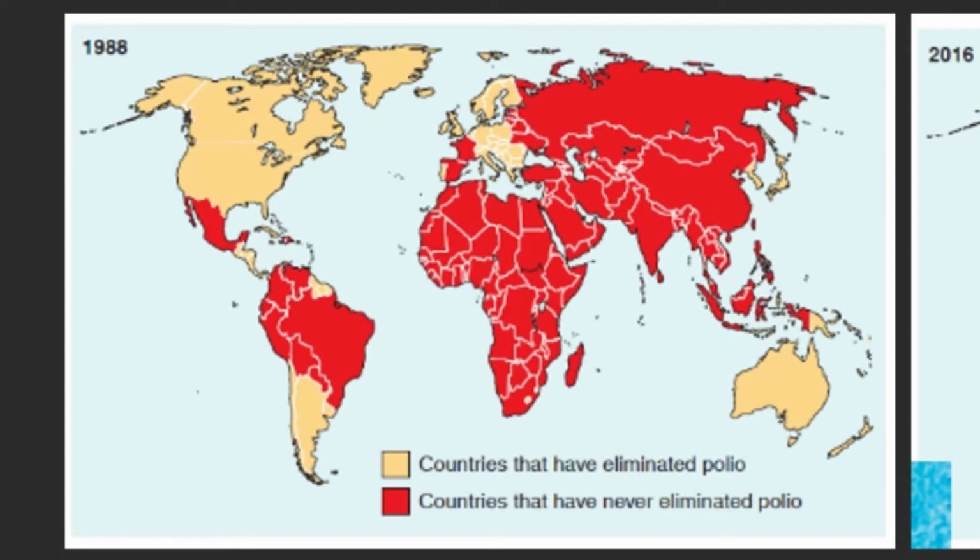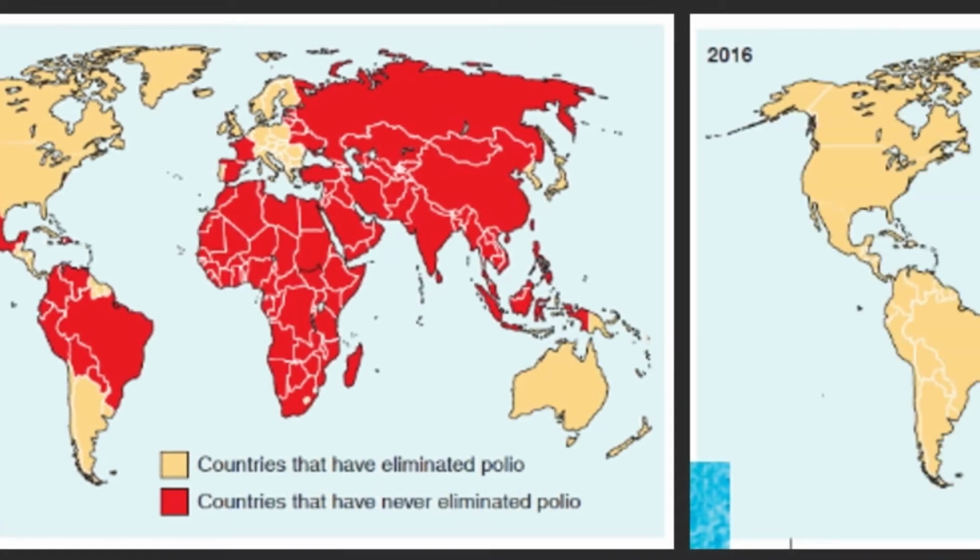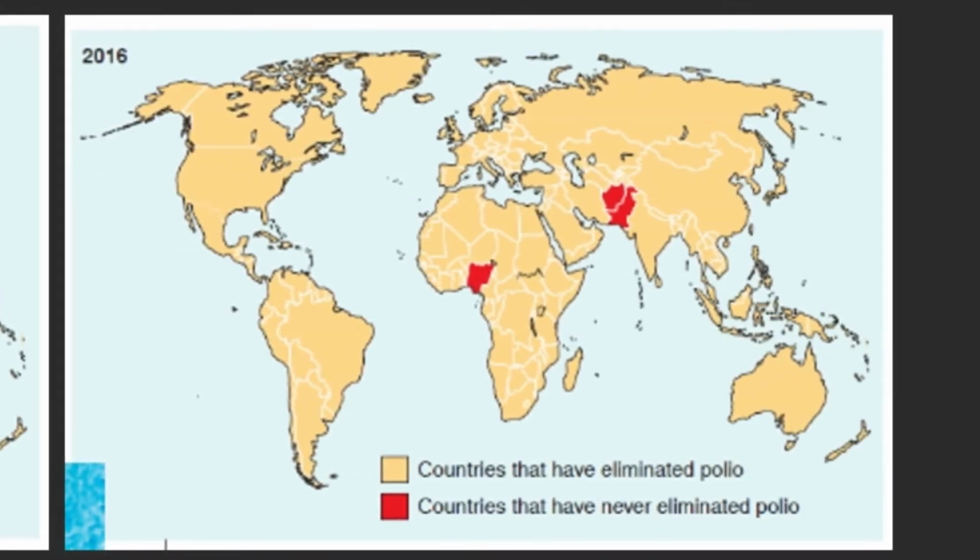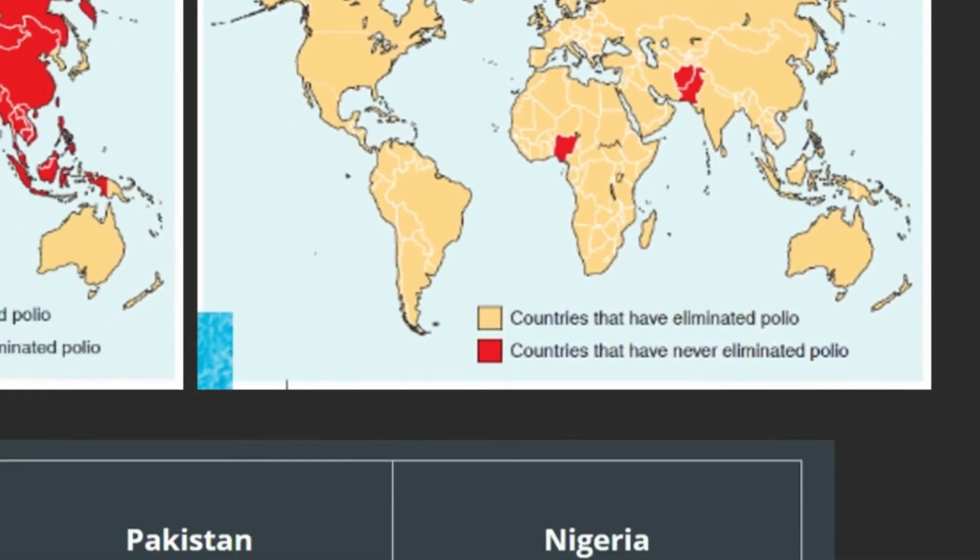As you can see from the diagram on the left-hand side, nearly the entire globe is red, which are countries that have never eliminated polio. By 2016, there are only 3 countries in the world that have never eliminated polio. And if you look at the numbers since then, it's actually even more exciting than that.